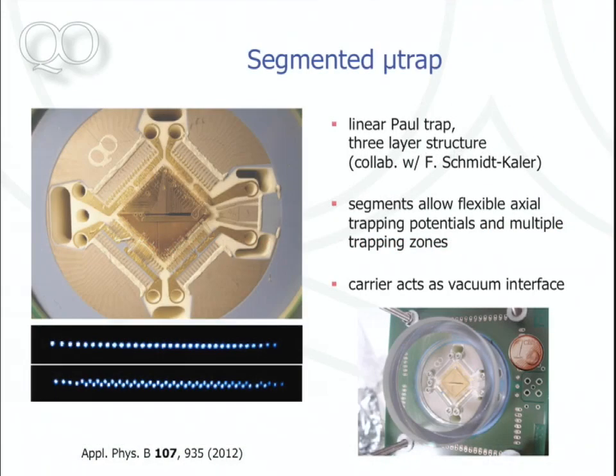Okay, for this purpose, we use a different ion trap, a microstructured ion trap that was developed together with Ferdinand Schmidt-Kaler. So it's a 3-layer trap. Here you see only one layer. You're looking at the top, but what you do see is all these individual electrodes that allow you to shape the potential for individual ions.